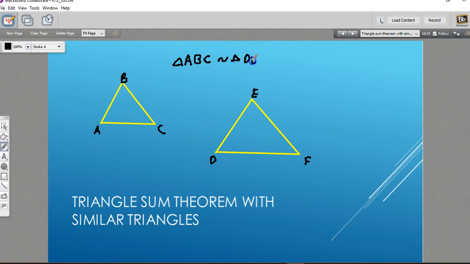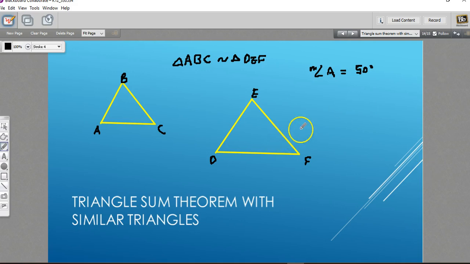Okay. So let's say that they tell me that the measure of angle A equals, let's say, 50 degrees. So the measure of angle A equals 50 degrees.